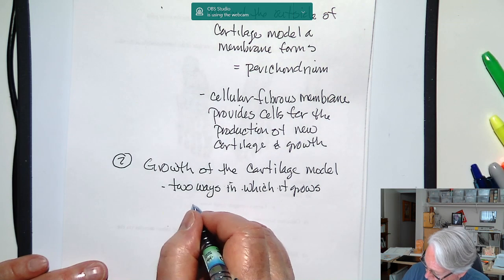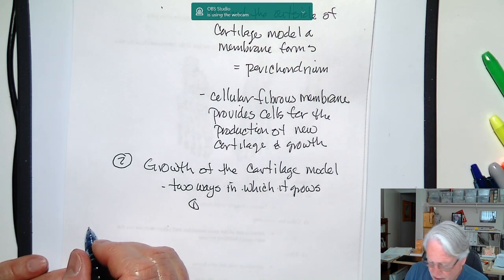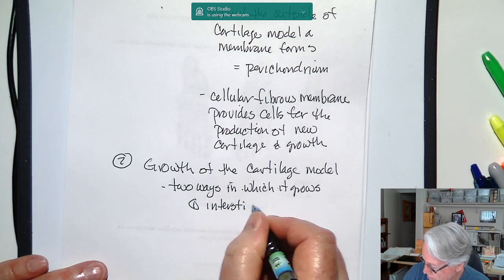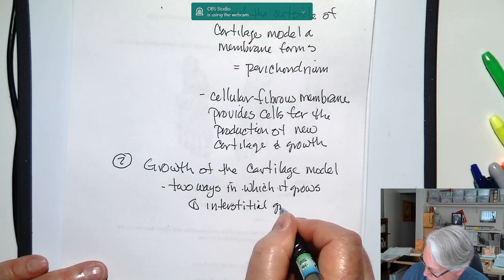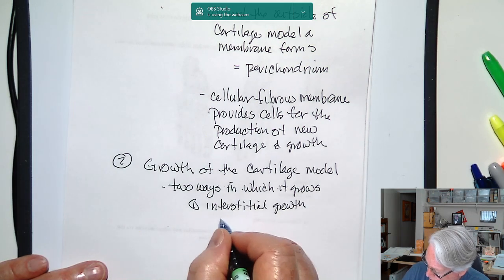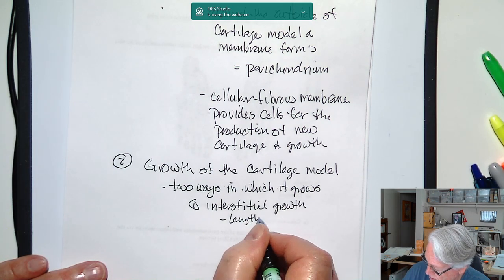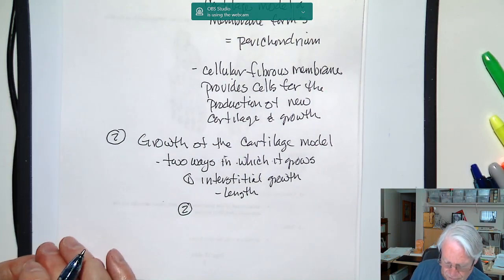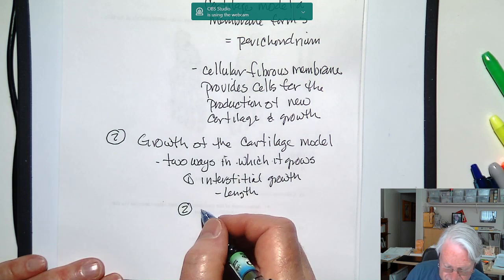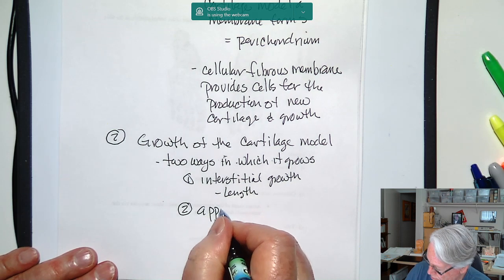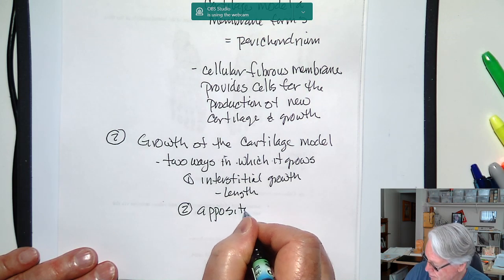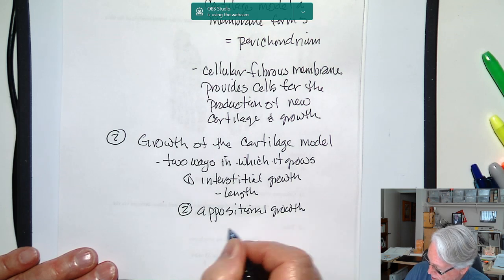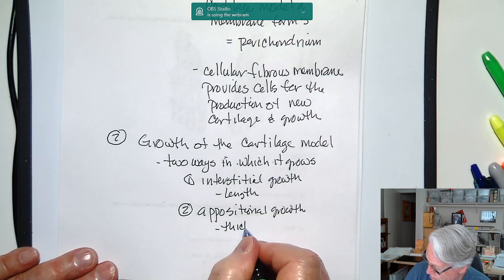So we have growth in length, and that is interstitial growth. This is in length. And number two, we have growth in thickness, and that's going to be appositional growth. And so that is in thickness.